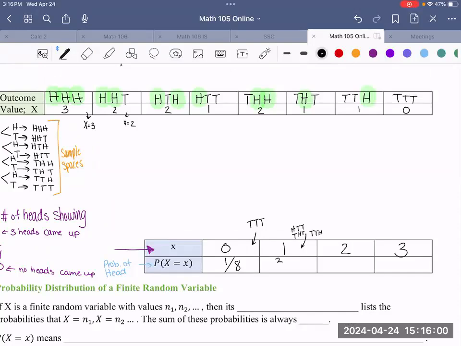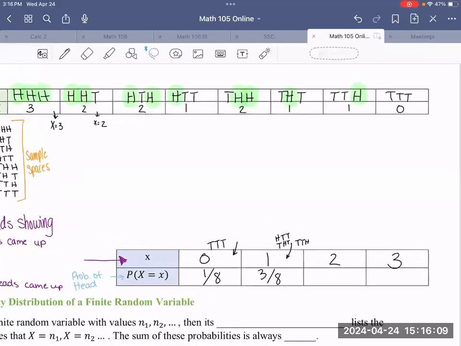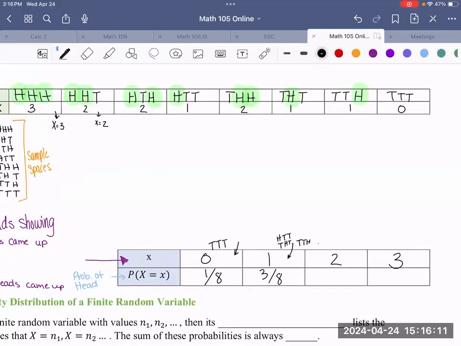So that was 3 out of 8 different ways. Okay, let's do it again. For 2, we had heads, heads, tails; heads, tails, heads; and tails, heads, heads, which is 3 out of 8 different ways. In this last one, only heads, heads, heads, so 1 out of 8.